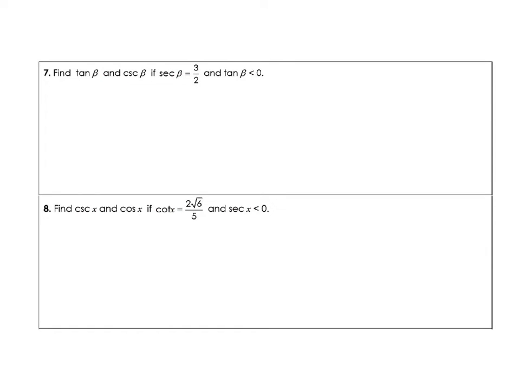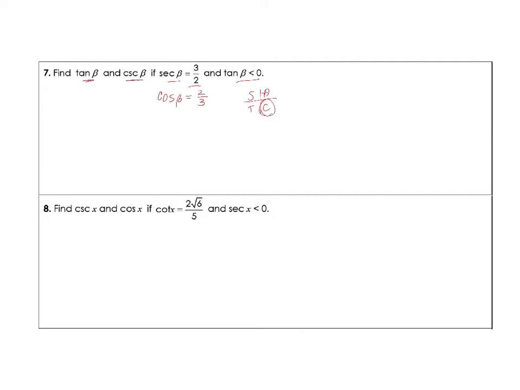Okay, for our next problem, we're told that we need to find tangent and we need to find cosecant. And we're told that secant is 3 over 2, so automatically that means that we know cosine of beta is 2 over 3. And we're told that tangent is negative, so if we check our quadrants, we're going to have to be in quadrant 4.